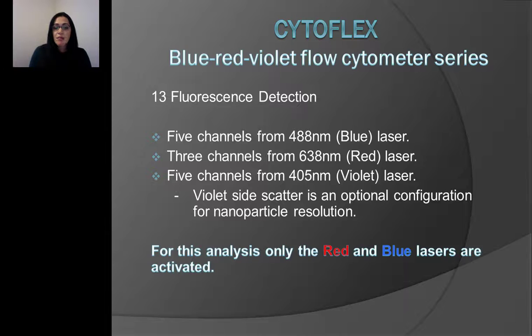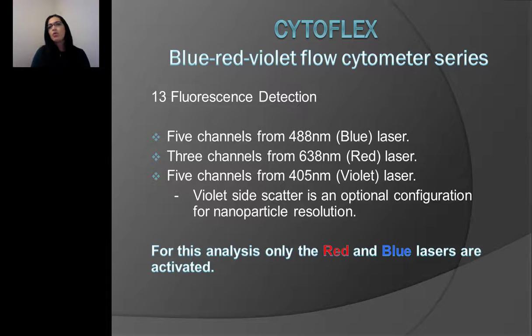Basically, from the blue laser, we get 5 channels from the 488 nanometer laser, and we get 3 channels from the 638 nanometer laser, and 5 channels from the 405 violet laser. And basically, we can get up to 13 fluorescent detections with this instrument.